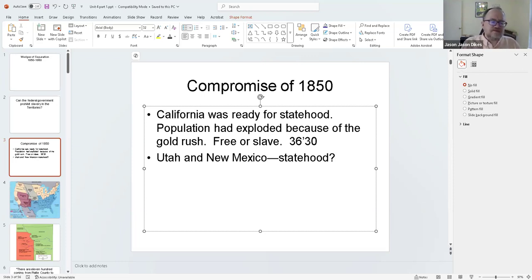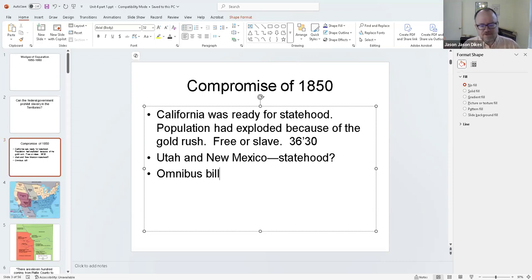Rather than try to debate these issues one at a time, it was simply decided to take these issues and a few other issues and kind of jam them onto what is called an omnibus bill. It's like cooking stew.